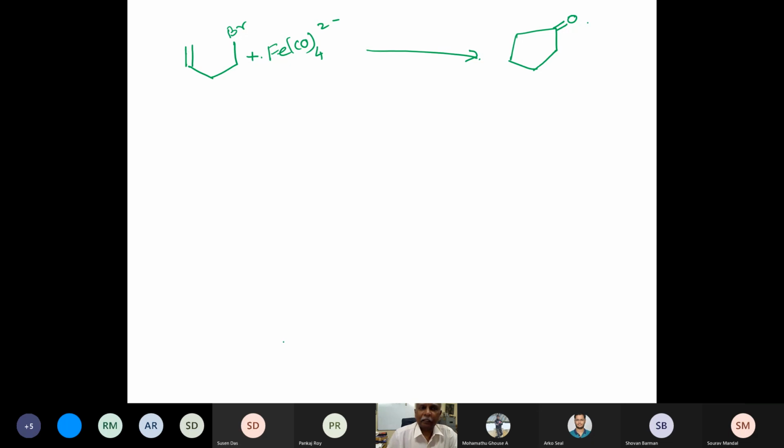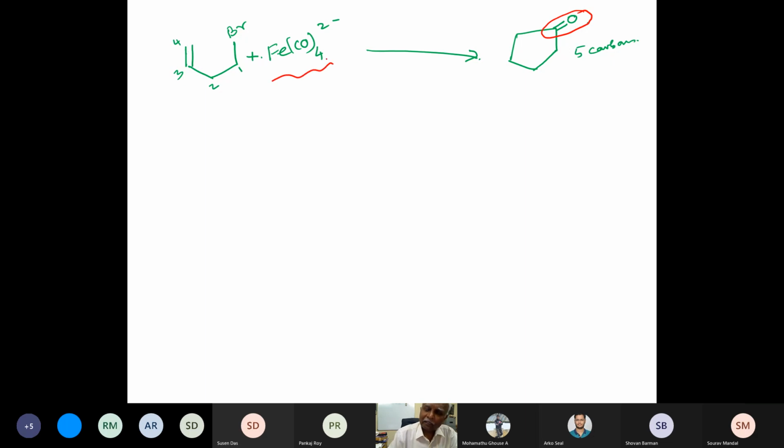Now you notice that this has got, how would you handle a problem like this? You first figure out how many carbons are there in this species. 4 carbons. In the product you have 5 carbons. And you notice that you have this carbon monoxide here.